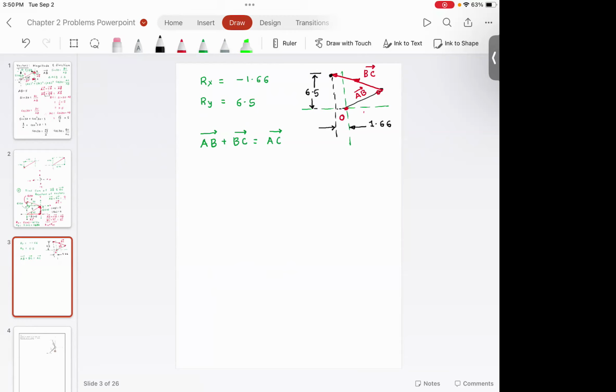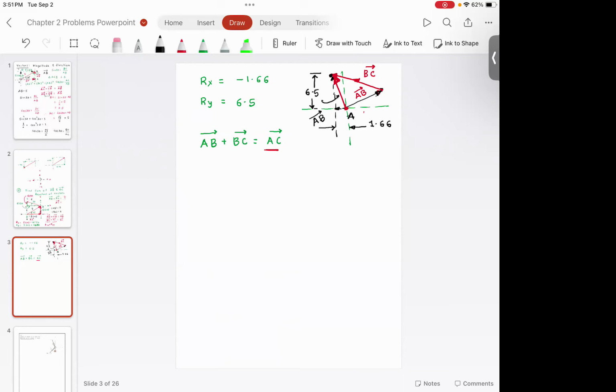You agree with me? Which means if I go something like this and this, essentially if I close this vector sum, I have this vector, which is actually A. I have AB plus BC is equal to this vector AC. You agree with me?